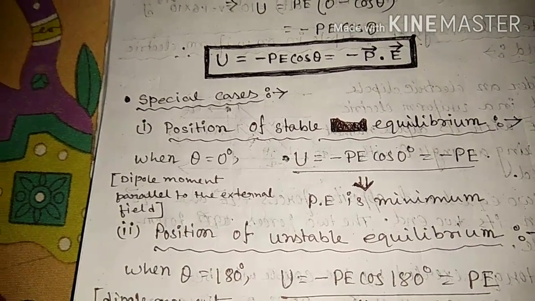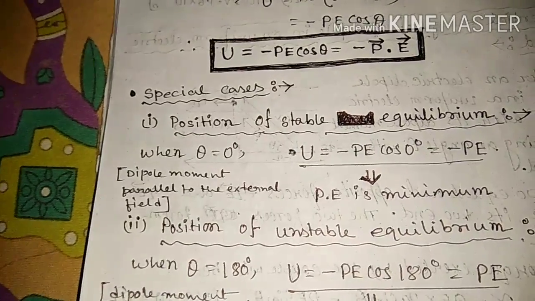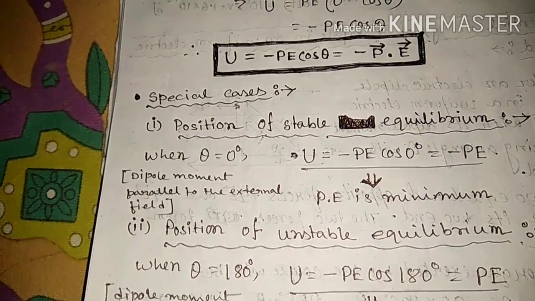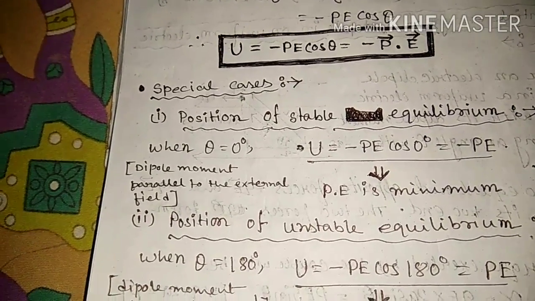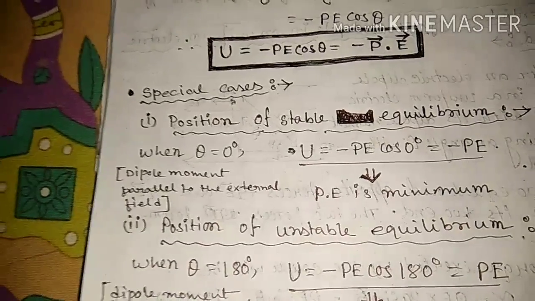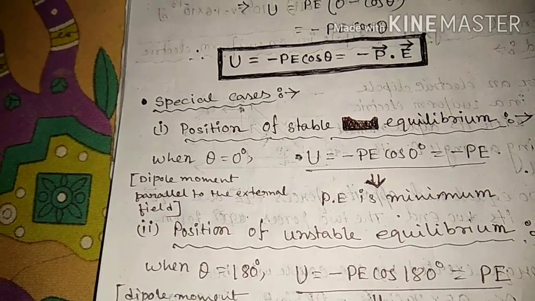Theta equals 0 degrees means the dipole moment's direction, negative to positive, is parallel to the electric field.